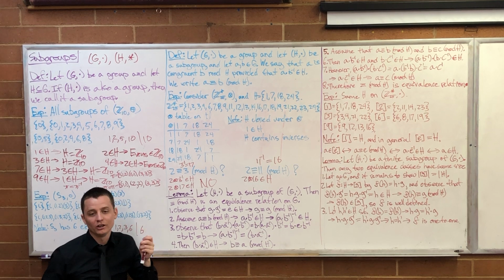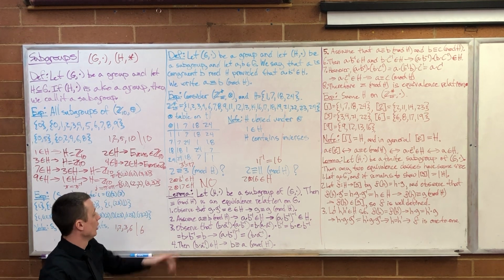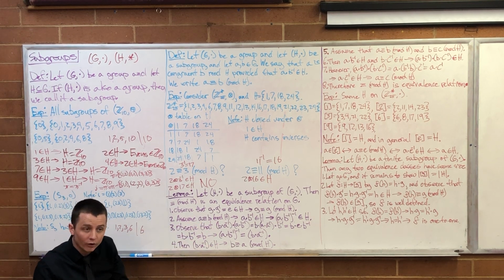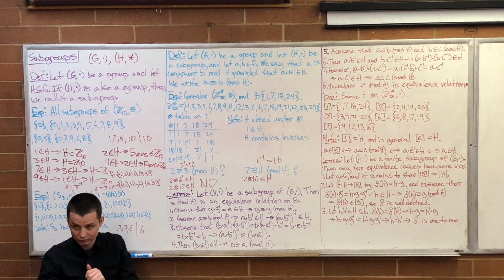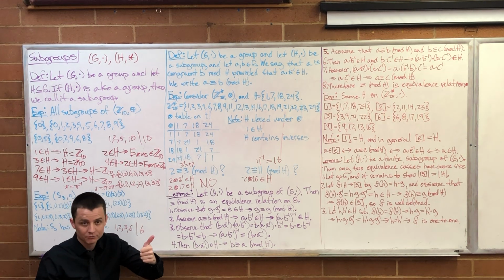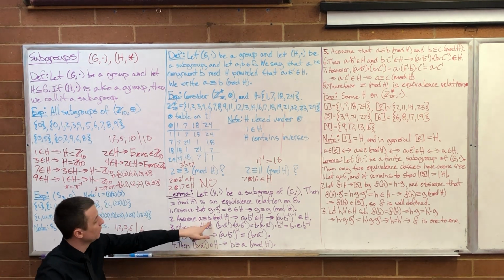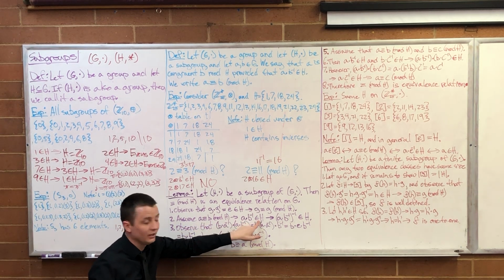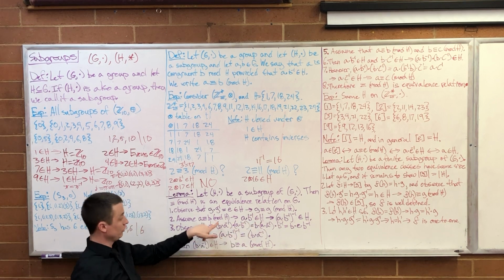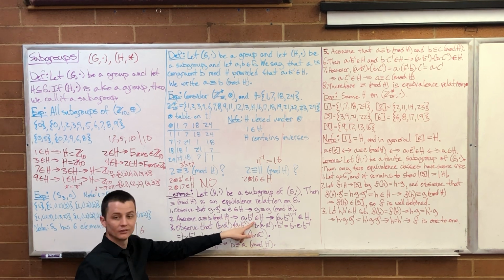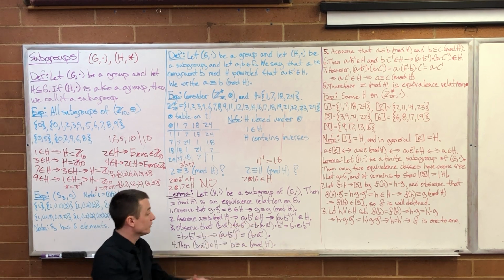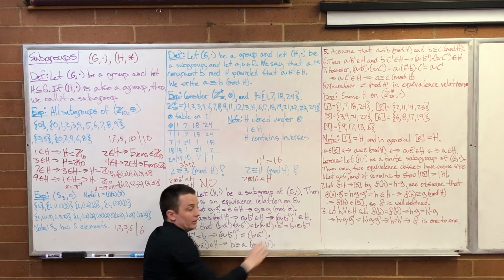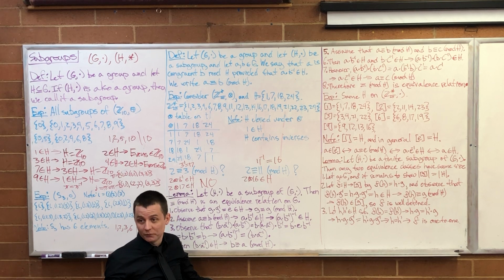Next, we need to prove it's symmetric. So we assume that a is congruent to b mod H. We need to use that to prove that b is congruent to a mod H, and then it's symmetric, right? Okay. So assume a is congruent to b mod H. That means a dot b inverse is in H. That's the definition. Now, since a dot b inverse is in H, its inverse is in H because H contains all its inverse elements.